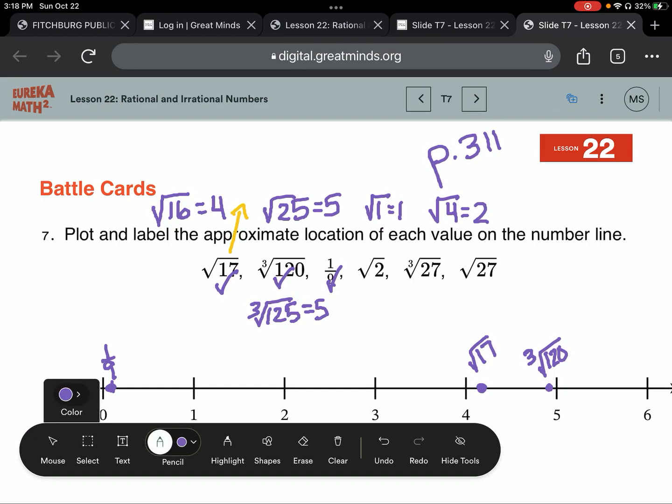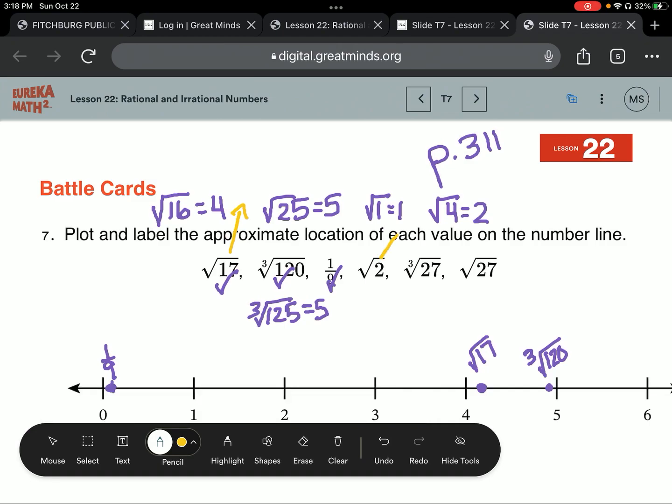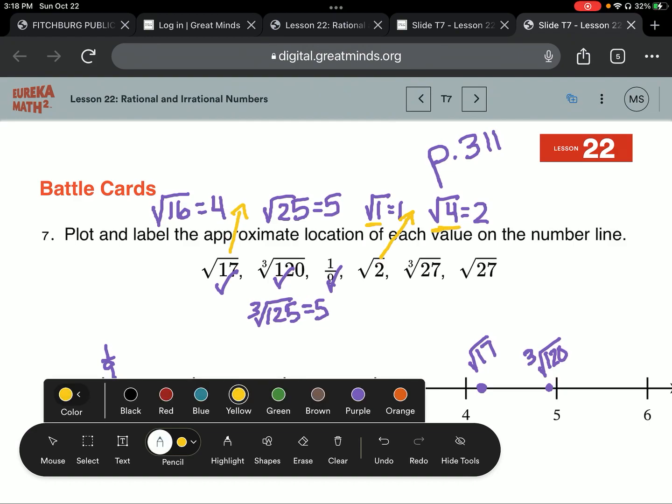Well, what is the number 2 closer to? The number 2 is closer to 1 than it is to 4. So I know that the square root of 2 is going to be between these two numbers, and it is going to be a lot closer to 1, since the square root of 2 is closer to the square root of 1 than it is to the square root of 4. So the square root of 2 on my number line will be closer to 1 than it is to 4.